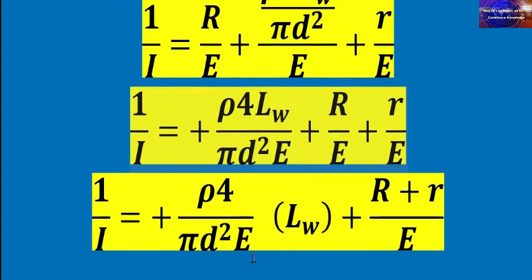The general equation of this would be 1 over I is equal to this equation times L plus r, which is internal resistance, over EMF. This equation has been joined. You see, it is reaching here.